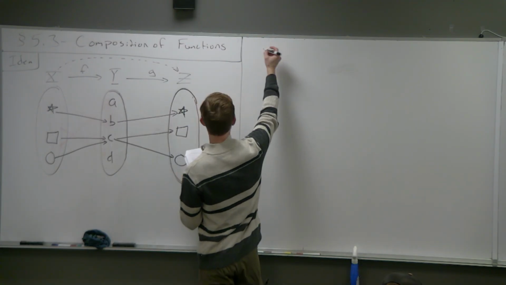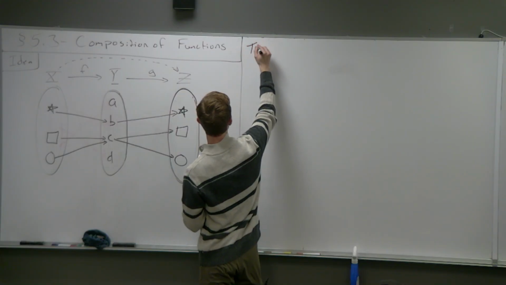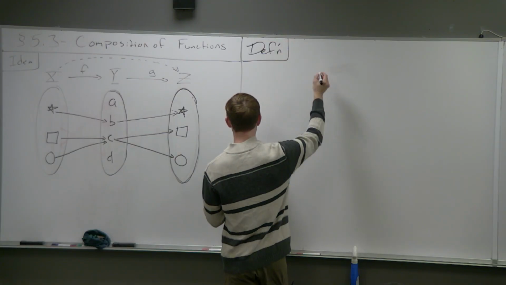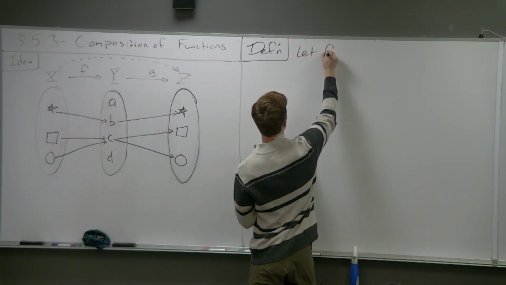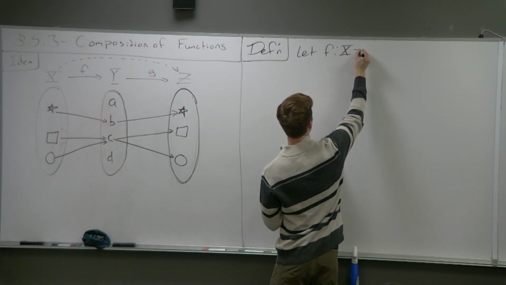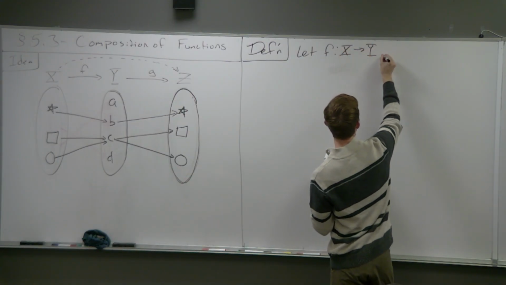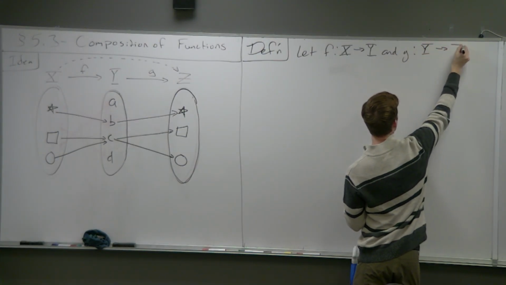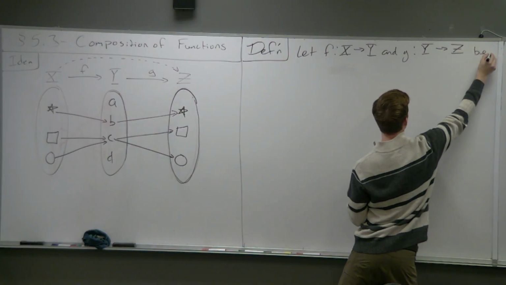So here's a theorem. Actually, first, let me throw a definition at you so we're super clear about what we're talking about. Let f from X to Y and g from Y to Z be functions.